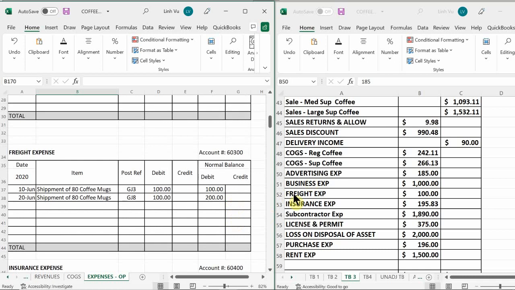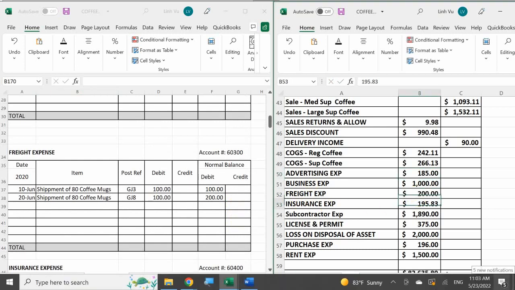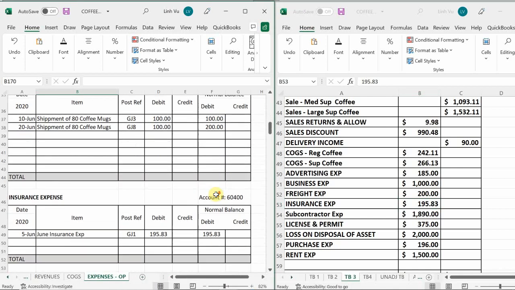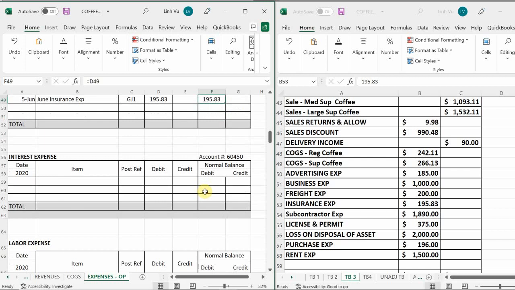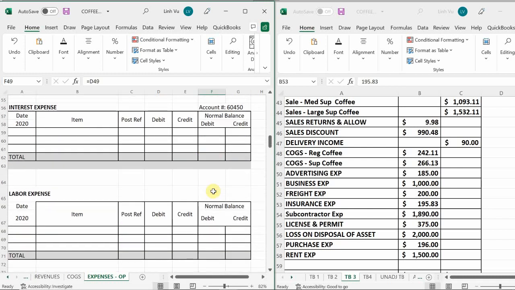Freight expense? 200 debit. Insurance expense? 195.83. Next is interest expense, nothing there yet.